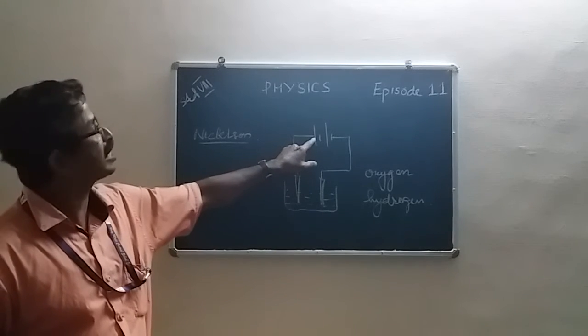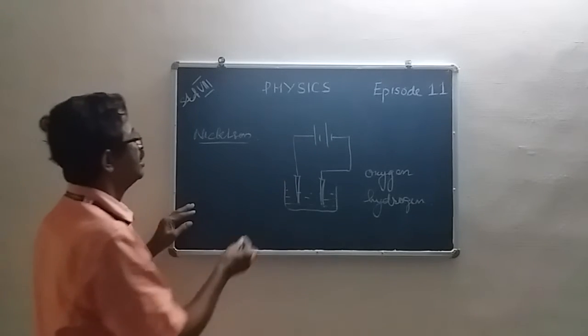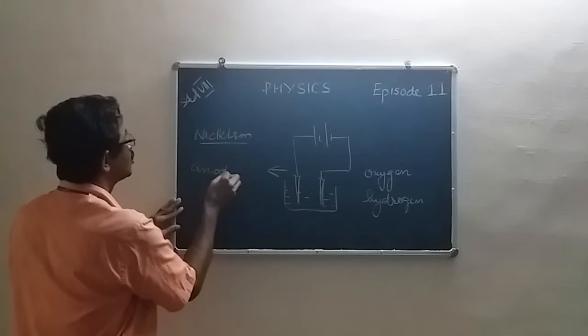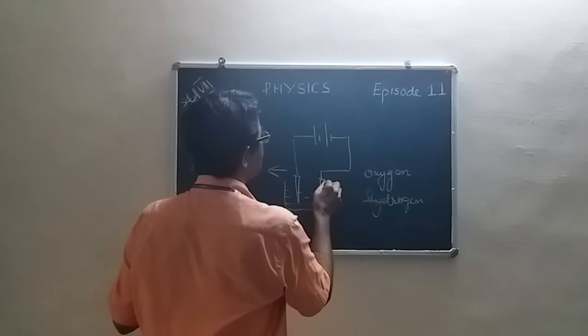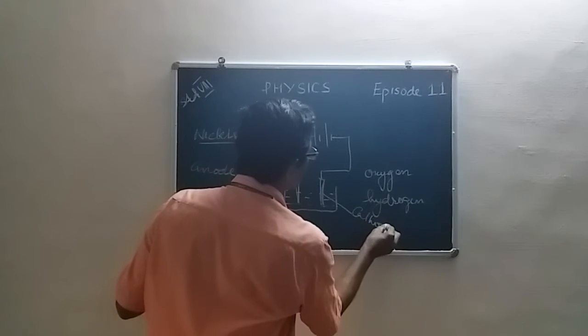See, here we connected the positive of the cell, and that electrode we say is the anode, and the negative of the cell is connected to this electrode and it is called the cathode.